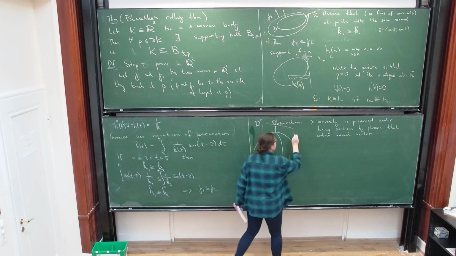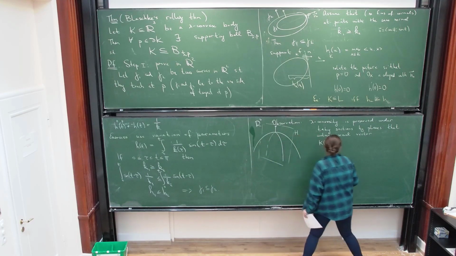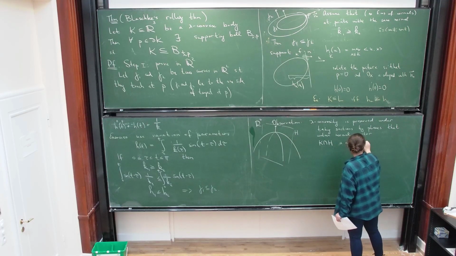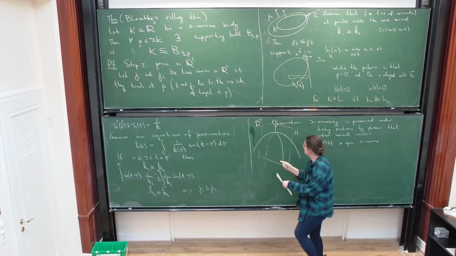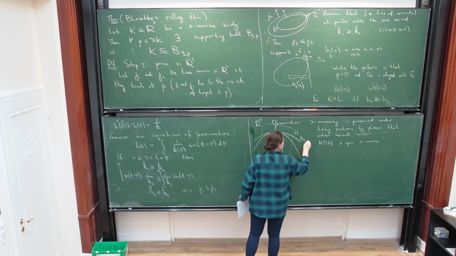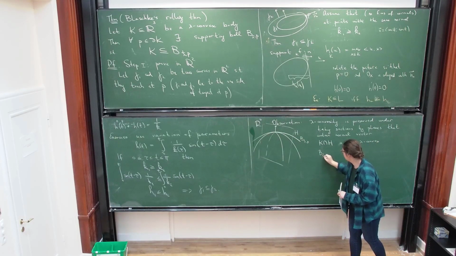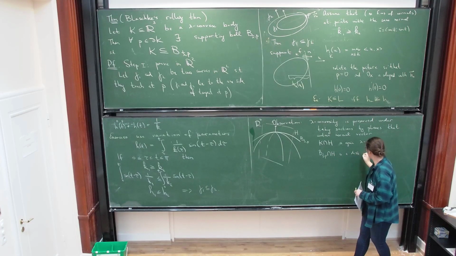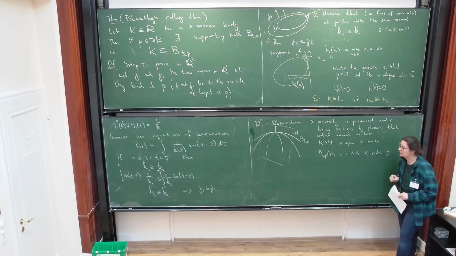So let's say that this is my plane H. So K intersected with H is again lambda convex. And the touching ball that we had at the boundary, its intersection with H is a disk of, again, the same radius, of radius 1/λ. Okay?